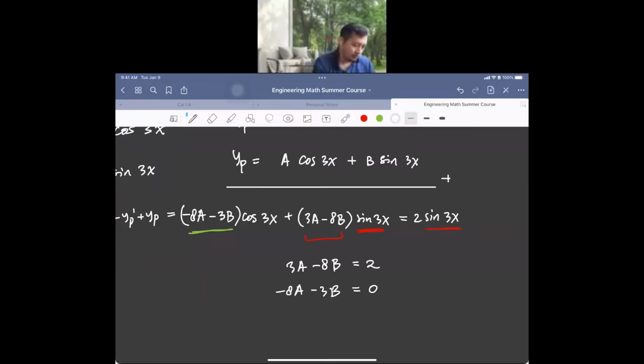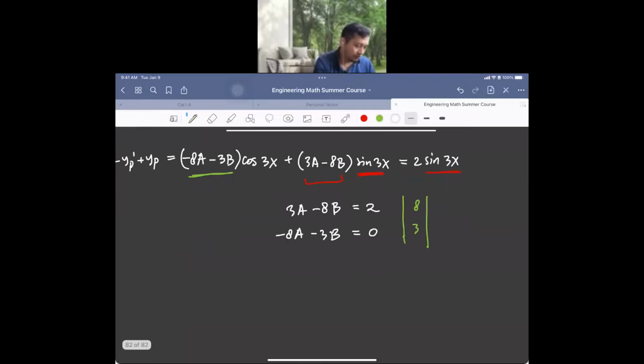So we may multiply by 8 and multiply by 3, to give you 24a minus 64b equals 16, and negative 24a minus 9b equals 0. Then adding, this is going to be negative 73b equals 16. So b is negative 16 over 73.